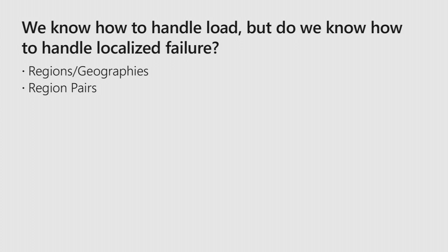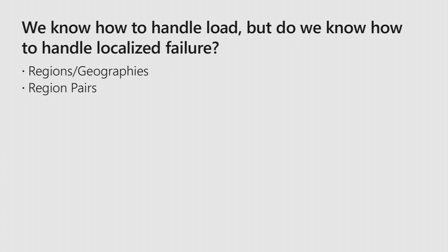So regions are great, and spreading workloads across regions is great. We have lots of additional benefits for region pairs, including there's high-speed connectivity between them. So we can do things like synchronous replication between them, whereas between regions that are not in region pairs, you're going to use whatever transit you have from an internet perspective between the 2 of them.